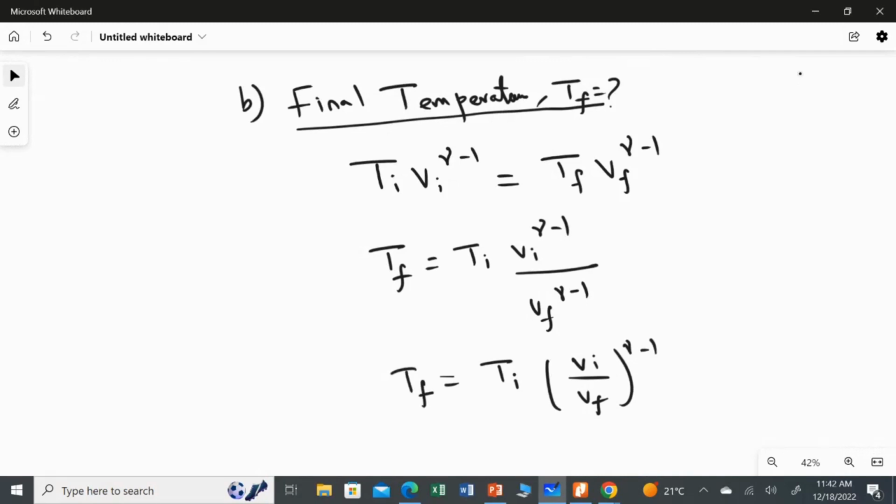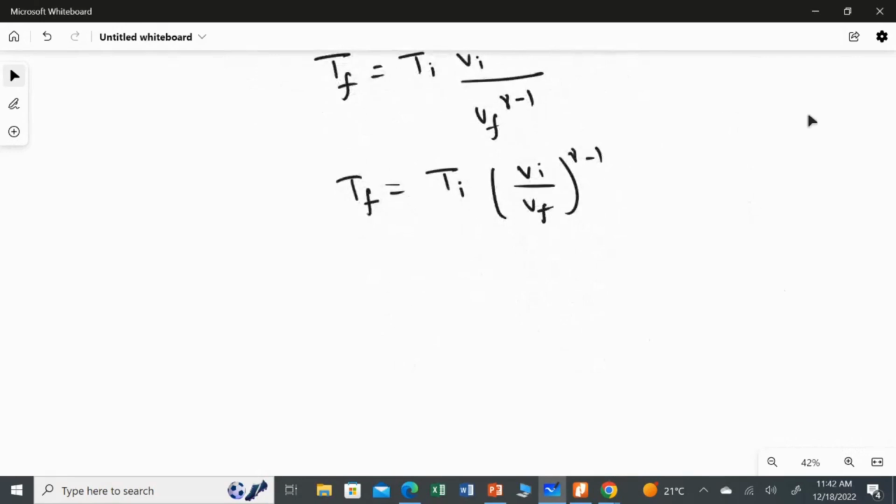So now I'm going to substitute the values here. The initial temperature they mentioned in the question is 4000 Kelvin, right? So 4000 multiplied by the Vi value, which is 0.76, over the Vf value, which is 4.3, to the power of gamma, 1.4, minus 1.